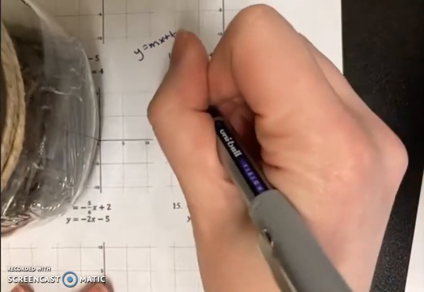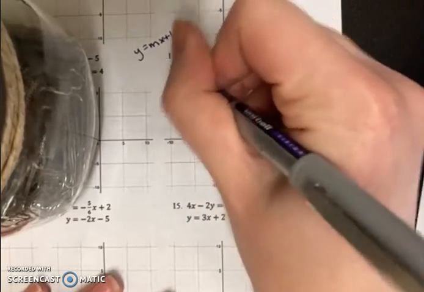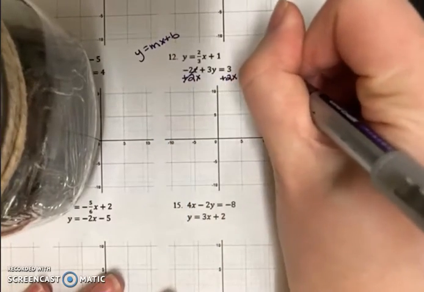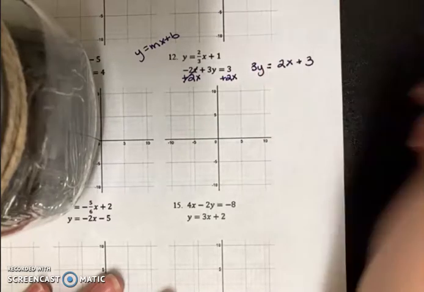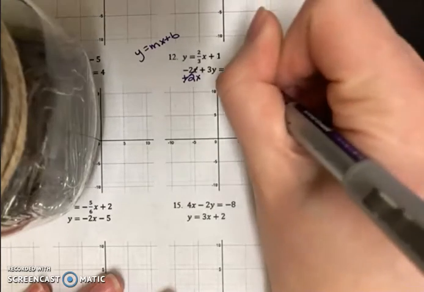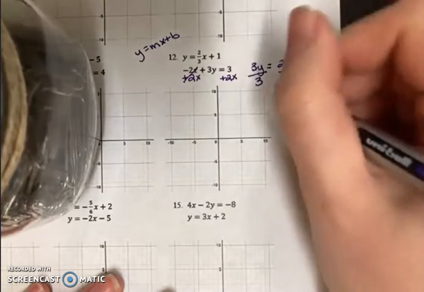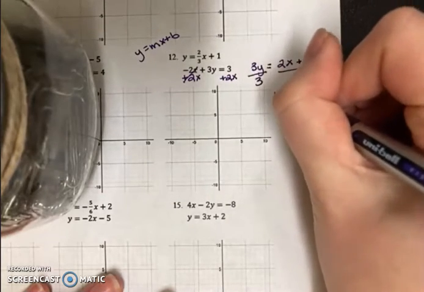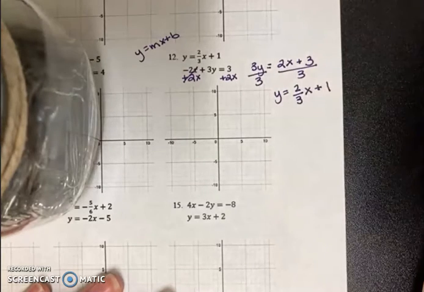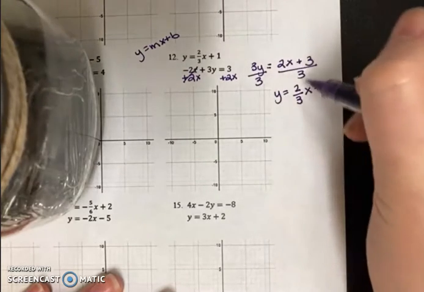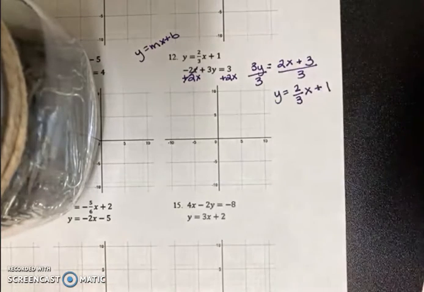So I would do that by adding 2x to each side, which gives me 3y equals 2x plus 3. And then divide each side by 3 to get y by itself. So y equals 2/3 x plus 1. Because 2 divided by 3 is 2/3, 3 divided by 3 is 1. You have to divide each term by the value.